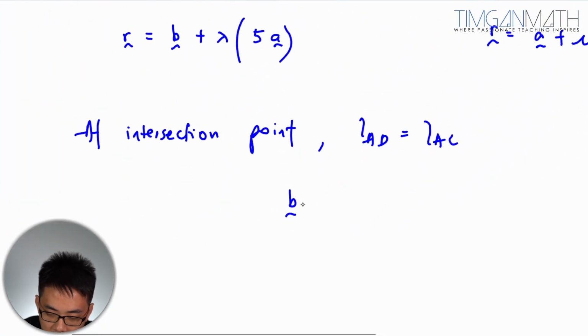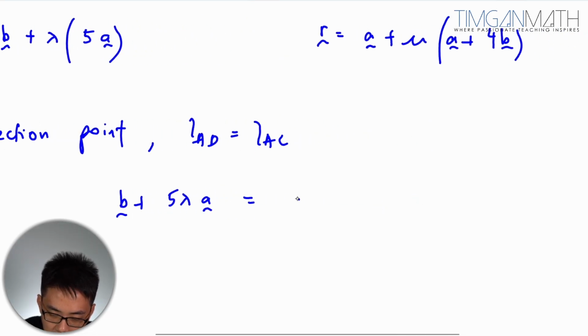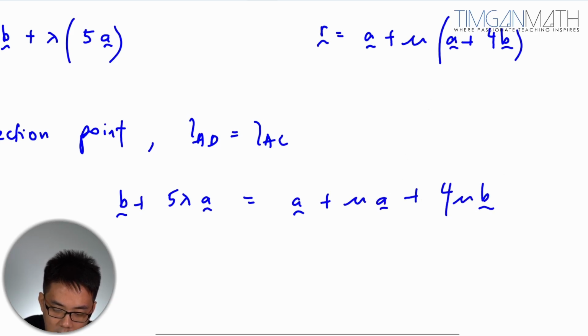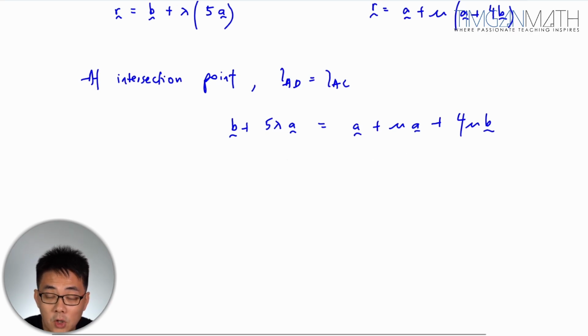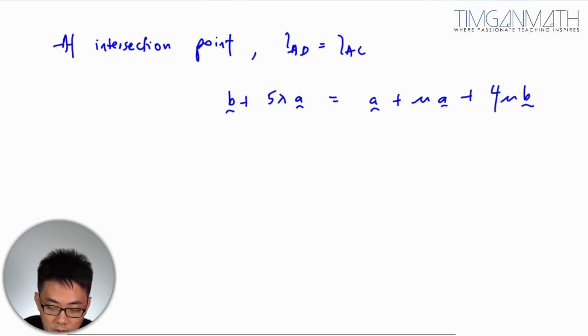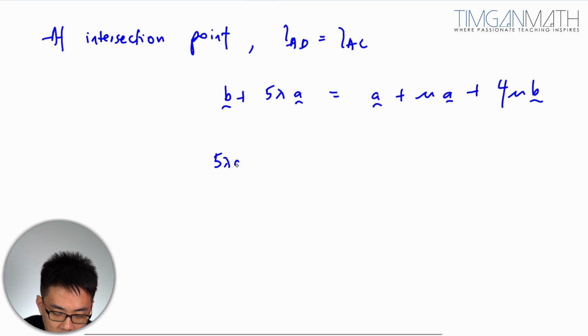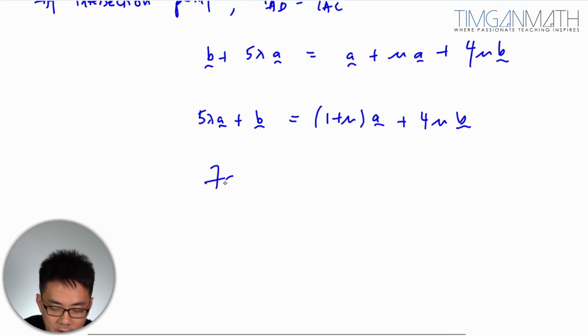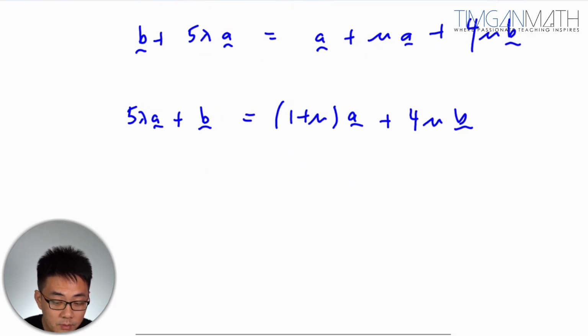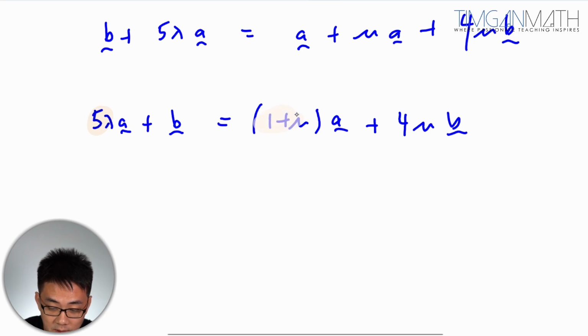We can just equate them: B plus 5 lambda A equals A plus mu A, and I'm going to expand this for mu B. Now, the two vectors on each side will have the same coefficients, because they are non-parallel. So a mixture of A and B on the left and right will be the same. In other words, if this is 7A minus B, then the right should also be 7A minus B.